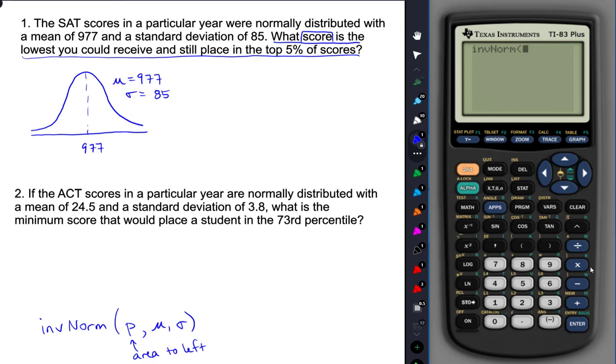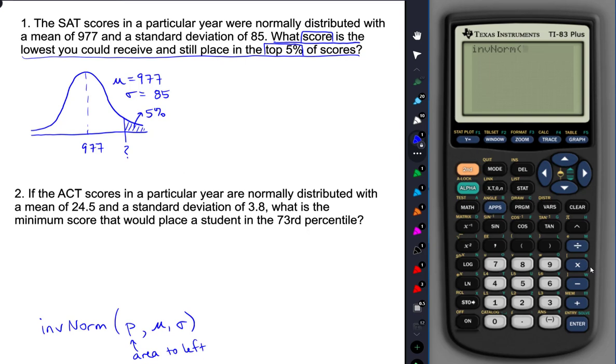Because the top 5%, so out of all these scores inside this curve, the area to the upper end, and I'm just going to block off a small region there and call that the upper 5%. The thing that I'm looking for is this value right here, and that's going to separate the upper 5% from the lower 95%.